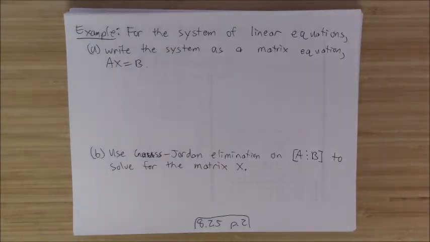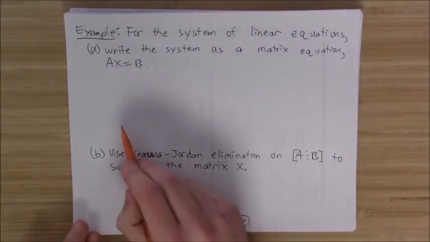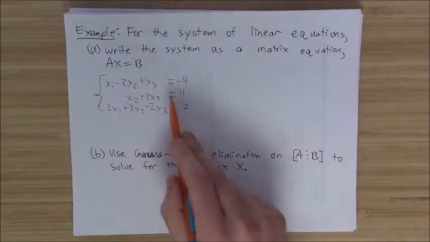So, for example, let's go ahead and write the following system that I'm about to give you as a matrix equation, AX equals B. So here, the system is this.